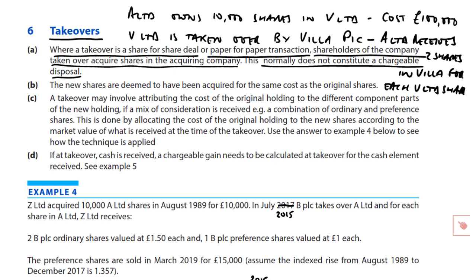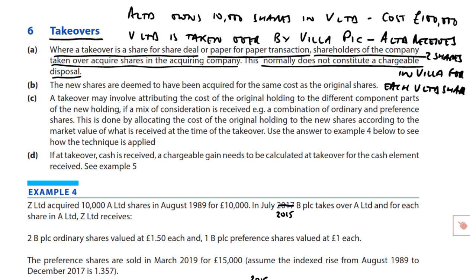So what we've got to do is a very simple analysis. We simply have to establish how many shares A Limited now owns in the new company, Villa plc, and those shares will acquire the same original cost of the original shareholding that A Limited had, i.e. A Limited had 10,000 shares in V Limited, cost £100,000.